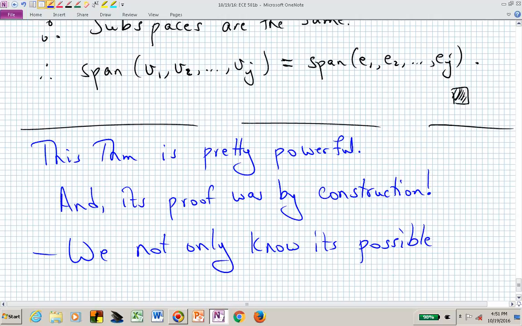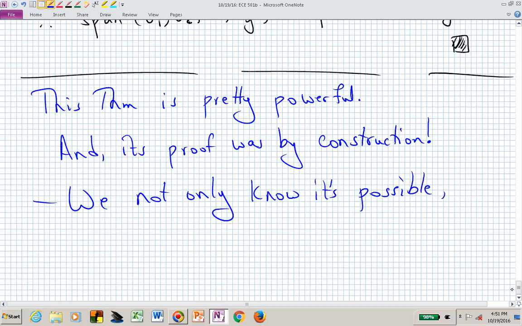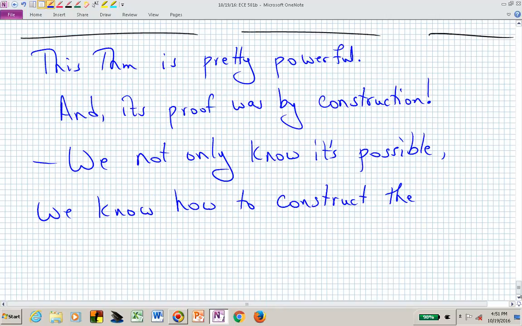We not only know it's possible, we know how to construct the orthonormal basis.